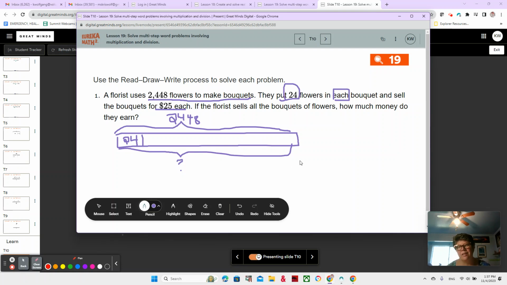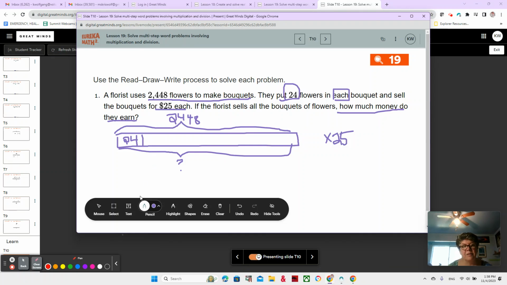And then our question is going to be the number of groups times 25. I'm going to put this 25 over here just so I don't forget, because sometimes we're so happy to be finished with the problem, we don't remember how much money do they earn is not the number of bouquets, is it? Right? So we got to pay close attention to that.